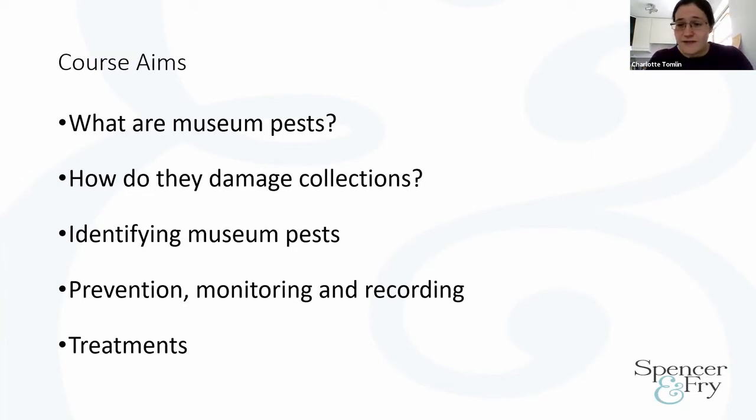So preventing pest problems, pest infestations, and also monitoring the pest activity in your museum and how to record that. And then lastly, we're just going to touch on what treatments are available for when that prevention hasn't quite worked and we need to do something more about that.